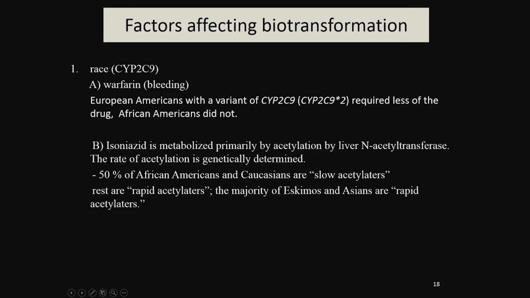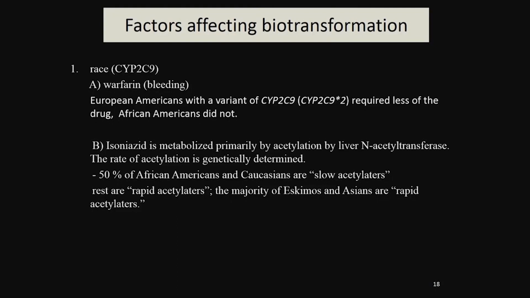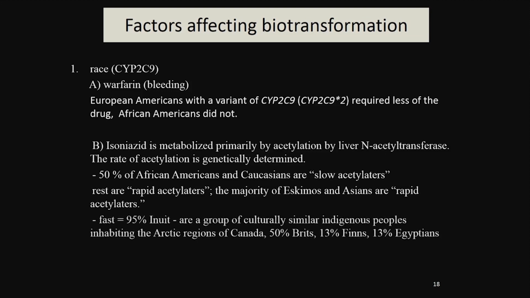The majority of Eskimos and Asians are rapid acetylators, that means I need to keep giving the drug quite often because the half-life is very small, whereas for African Americans or Caucasians I do not have to give this drug as often. Then you have very fast, 95%, Inuit, a group of culturally similar indigenous people inhabiting the Arctic region of Canada. So the acetylation of this particular drug can vary depending upon the race.